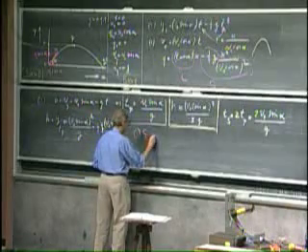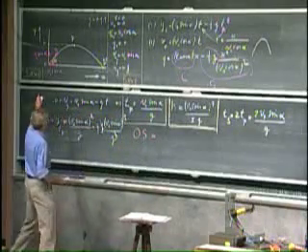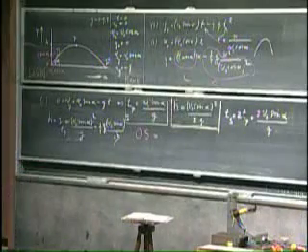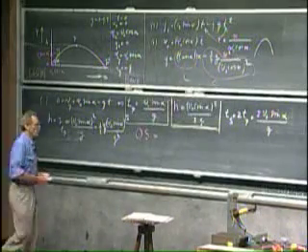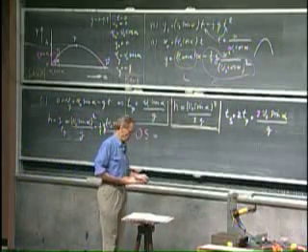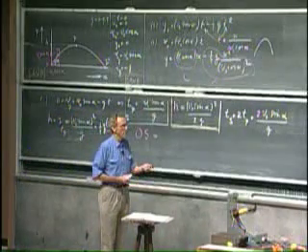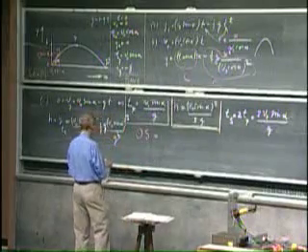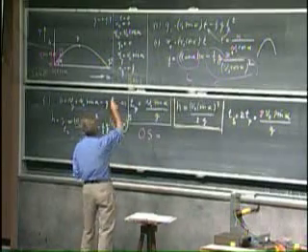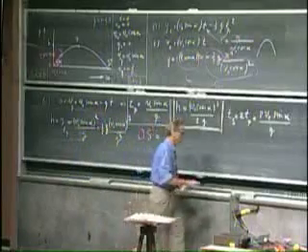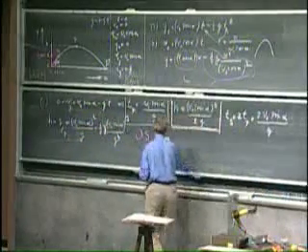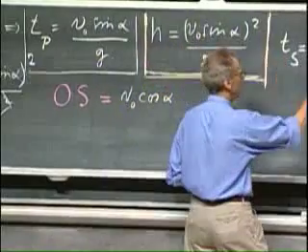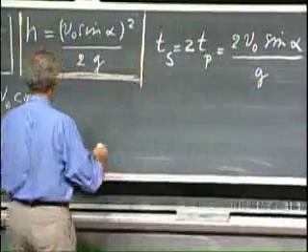I want to know what OS is. The distance OS. I shoot it up and it hits the floor again. What is that distance that it travels? Well, for that, I need equation number 1. It is V0x times the time. And V0x is V0 cosine alpha. So we get V0 cosine alpha times the time to hit it. That is 2V0 sine alpha.